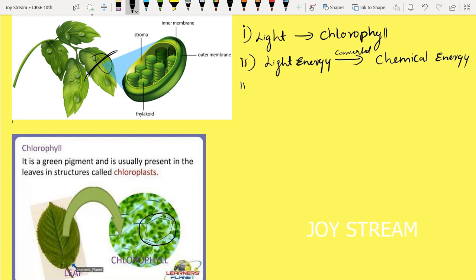Then in the third step, as the plant also takes the water, the H2O molecule, it is split into hydrogen and oxygen.